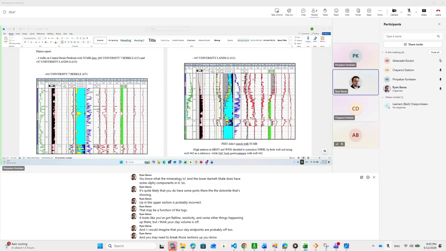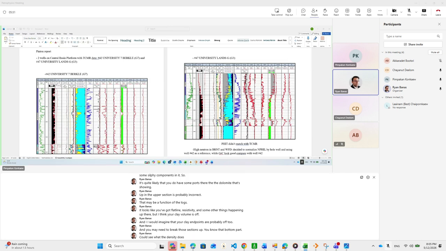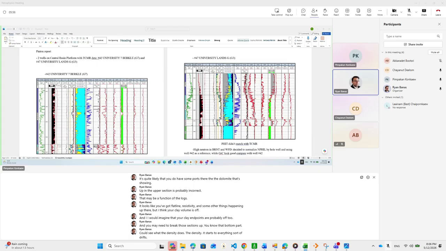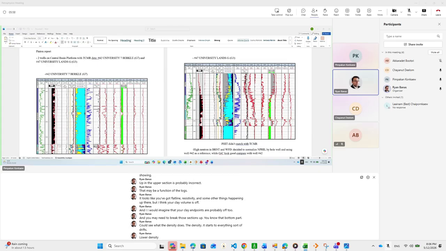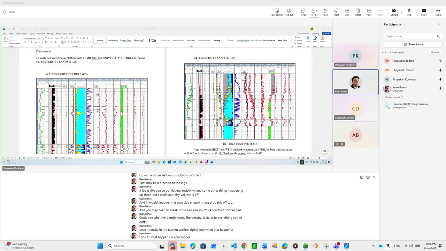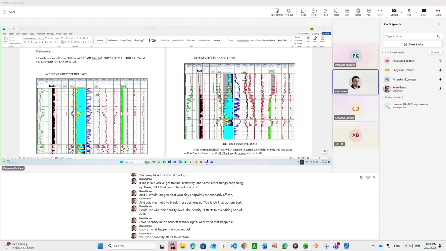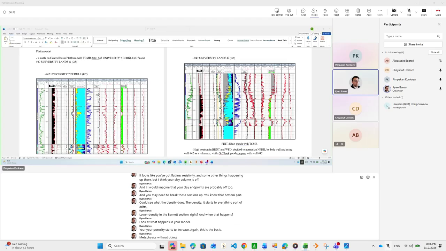In that bottom part, you can see what the density does. Everything sort of drifts to lower density in the Barnett section, and when that happens, look at what happens in your model. Your porosity starts to increase. This is the basic petrophysics without doing petrophysics: density goes down, porosity goes up.